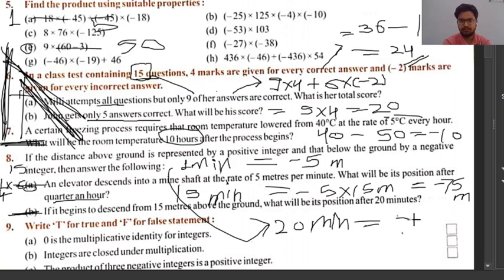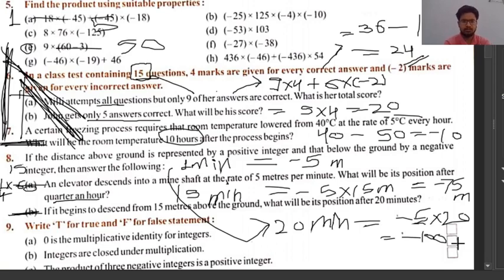Minus 5 into 20. What will you get? Minus 100. You are getting minus 100. Okay, it means minus 100 meters it moves in the downward direction.